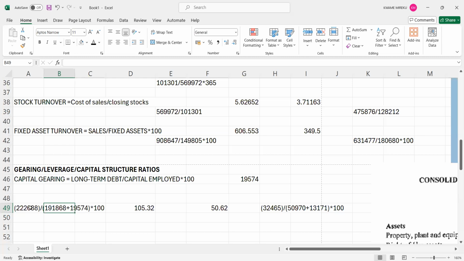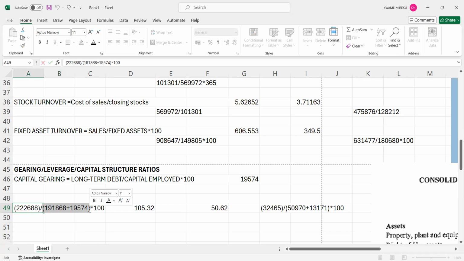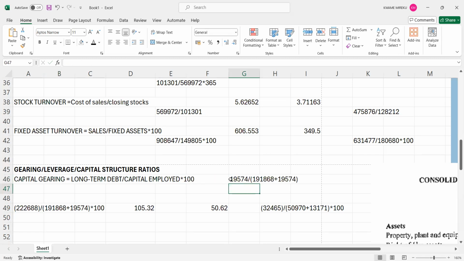So for 2023 it was the 19 plus this, the whole capital employed, right? Yes. So it's already done. We can go there and pick the total figure. I don't need to pick the full amount because it's done already. But sometimes, for the sake of your learning, you choose to bring it this way for you to know what you are about.